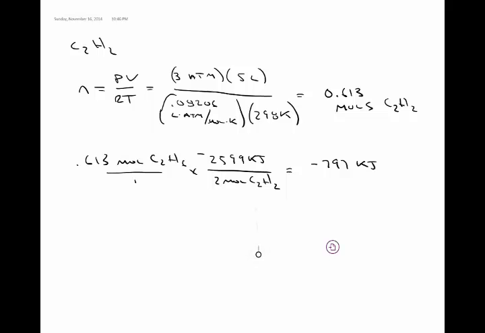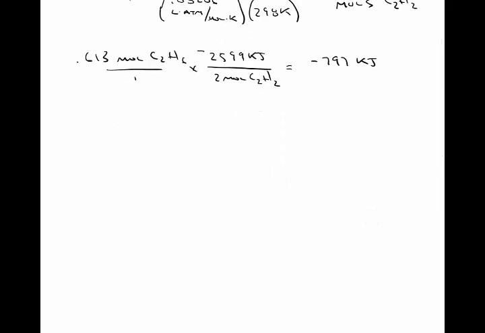What about the oxygen? Well, solving for the O2, rearranging our gas law, n equals PV over RT, I can now solve for the moles of oxygen. Plugging in the information from the problem, the oxygen is at 2.5 atmospheres.